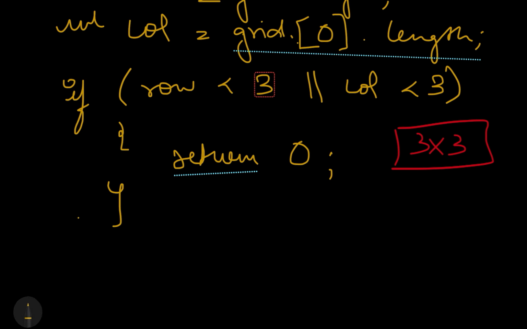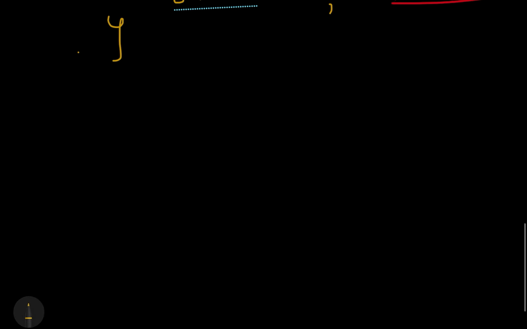What will be our second check is that we have to iterate through all the possible 3 cross 3 subgrids. We need to check every possible position of a 3 cross 3 square. If the grid has rows and columns of 3 cross 3, we can start with i, and similarly it can start from j, and from the starting position we can check if it's a magic square or not.